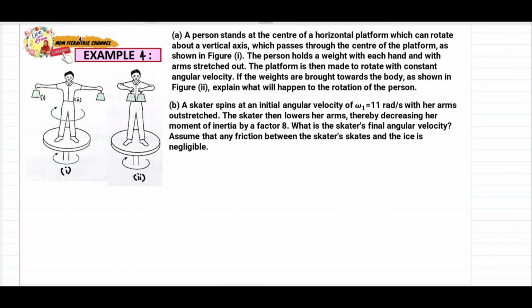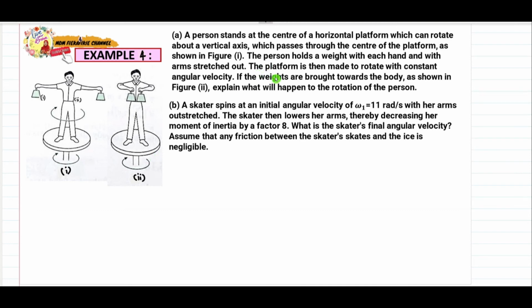Alright, example number 4. I think this is the last example for this video. Here we have a person standing at the center of a horizontal platform which can rotate about a vertical axis, as shown in this figure. The person holds a weight in each hand with arms stretched out, and the platform is then made to rotate with constant angular velocity.